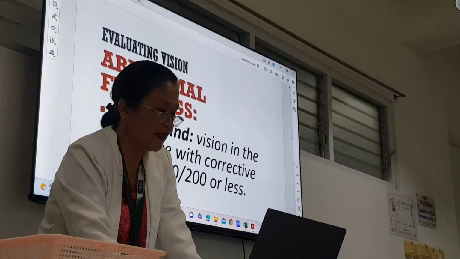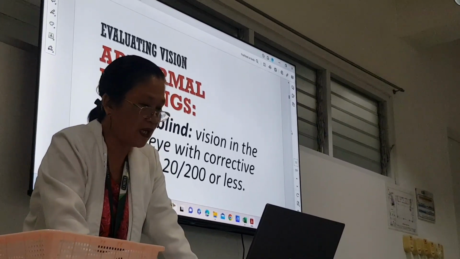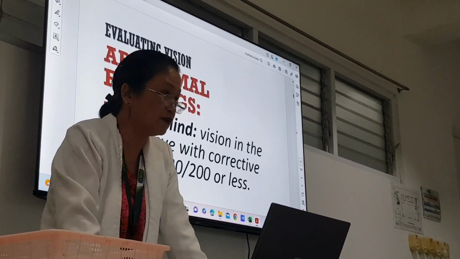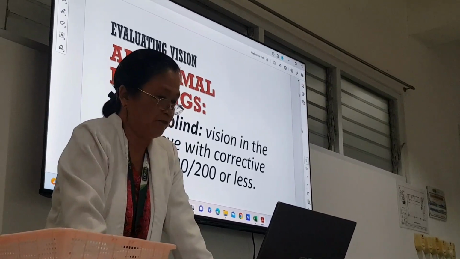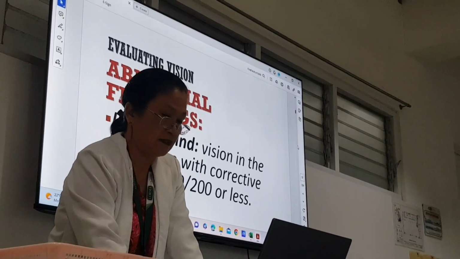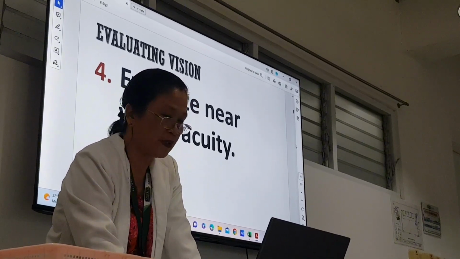And then abnormal findings, another one, legally blind. Vision in the better eye with corrective lenses is 20/200 or less. Pag ano ka na dyan, okay? Next, evaluate near visual acuity.